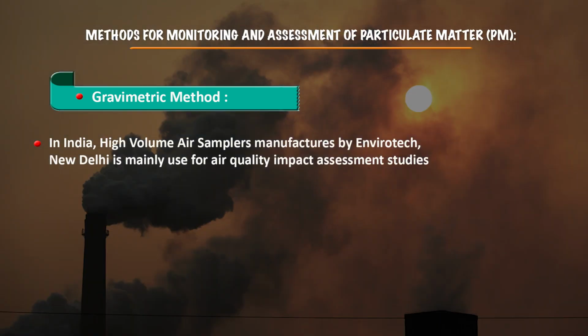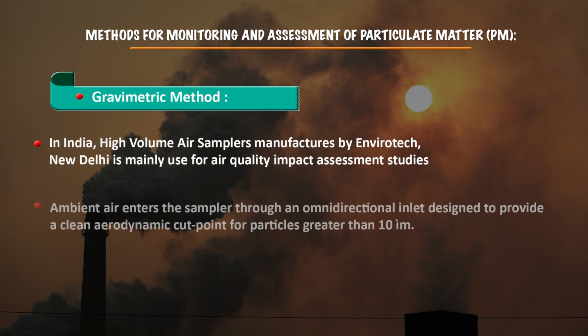If you see the diagram, you will identify this. Ambient air enters the sampler through an omnidirectional inlet, which is designed to provide a clean aerodynamic cut point for particles greater than 10 microns.